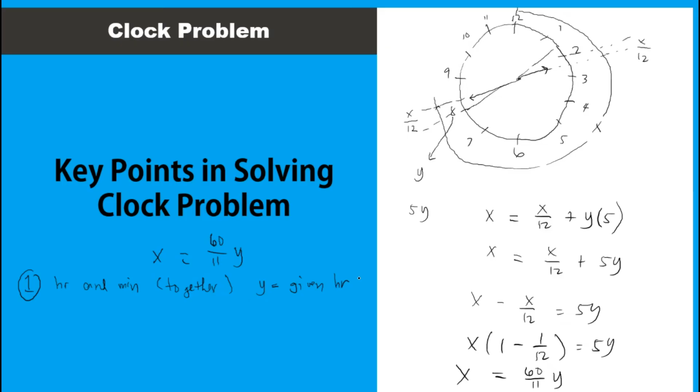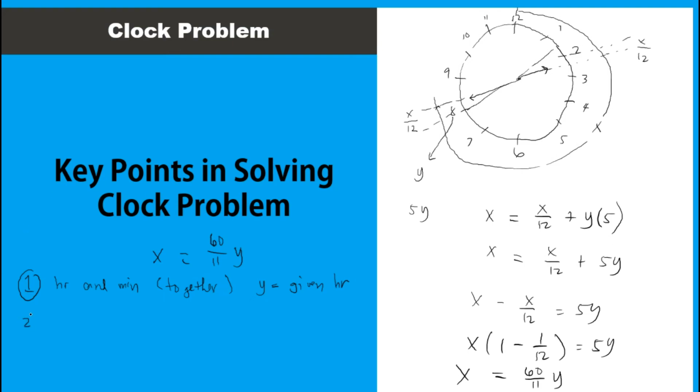For example, how many minutes after 2 o'clock will the hands of the clock be together? So you need to multiply that by 2. If after 3 o'clock, you have to multiply that by 3. So y corresponds to the given hour.